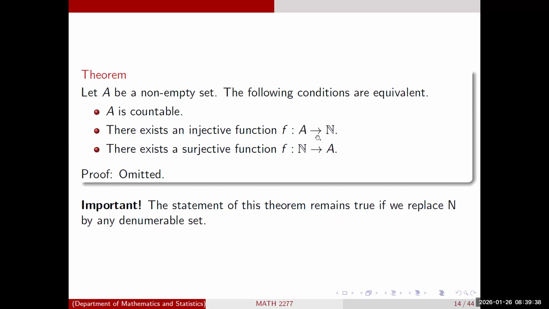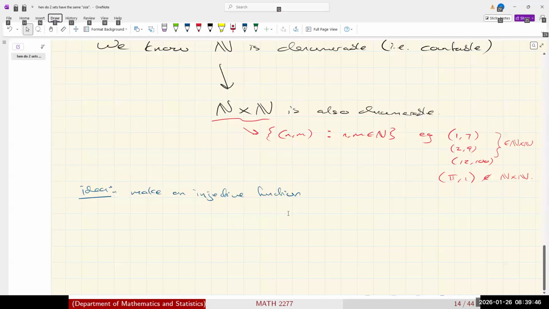The set A in this case is N cross N. So we want to make an injective function f from N cross N into the natural numbers. Whatever function we come up with, we then need to prove that that function is injective.